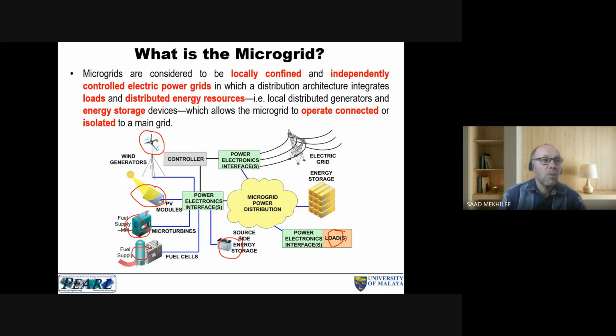Okay, you may have wind and solar and diesel generators only. You may have solar, wind, and storage. So the combinations depend on the availability of resources, because the idea of this microgrid is to make use of the local available resources.